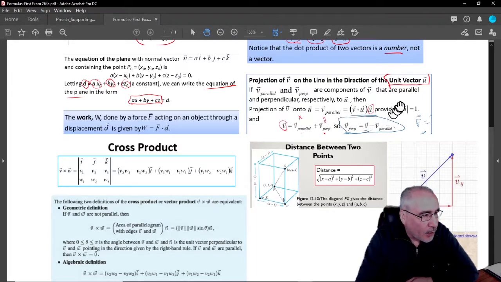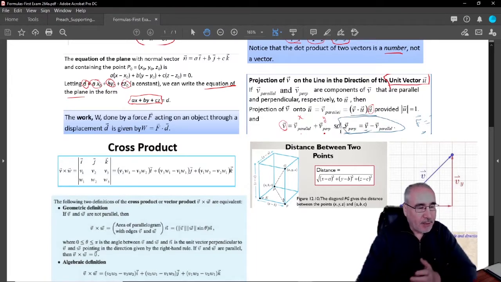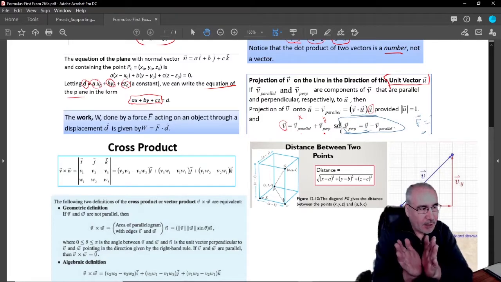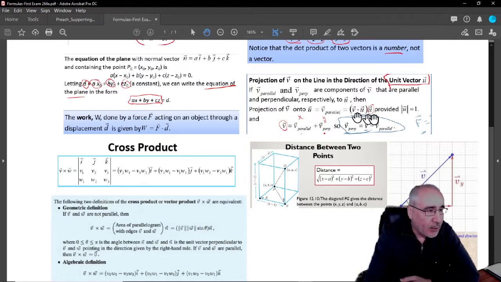For the parallel and perpendicular components of a force vector, what we need to do is use a unit vector in that direction. Okay, so we will need to first get the unit vector.